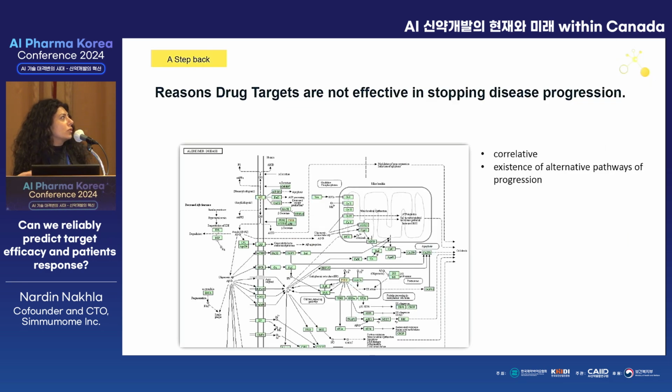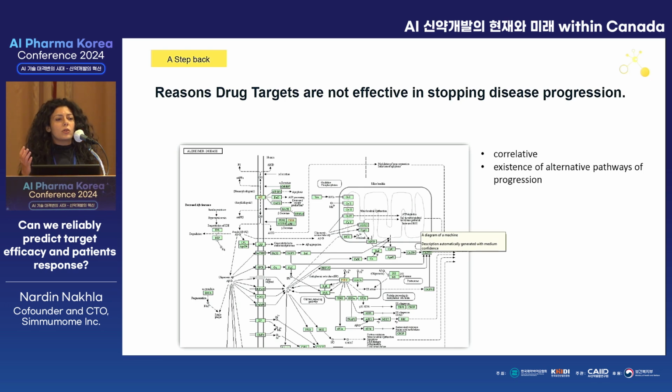Before we get into the approach we're taking, we want to understand why targets fail in efficacy. There are two main reasons. The first is correlation. In a typical scenario, you find a protein that's highly expressed among patients but not among healthy controls, so you think this is a good target.